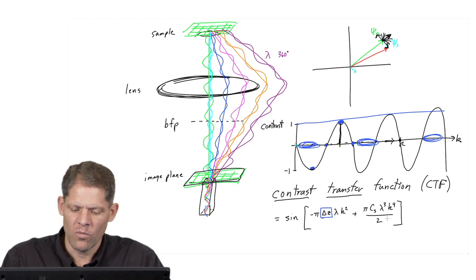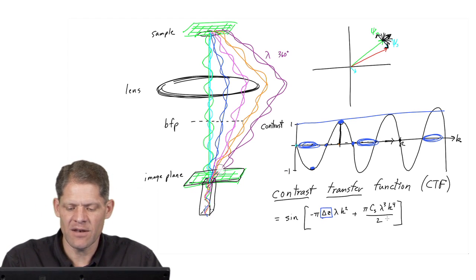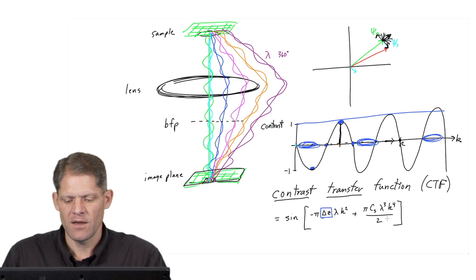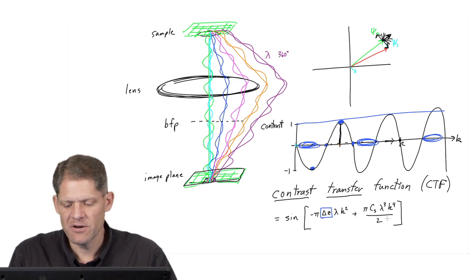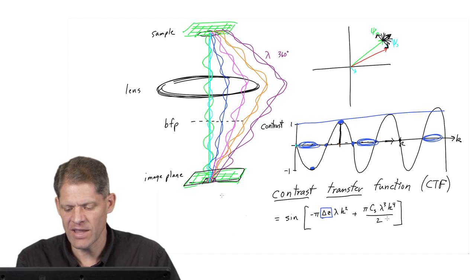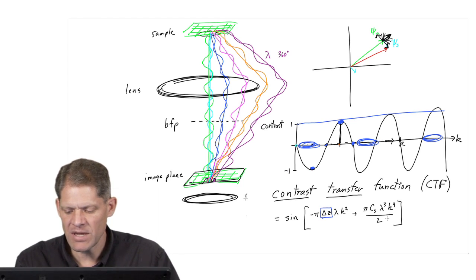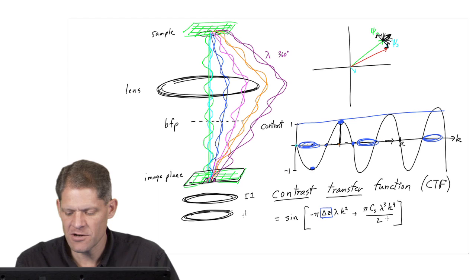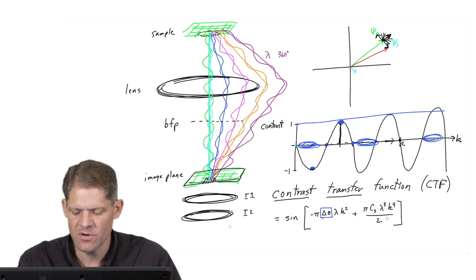Now, one of the things about this drawing that isn't really right is that the image detector isn't at the image plane behind the objective lens. In a real electron microscope, following the image plane of the objective lens, there are additional lenses. This might be a first intermediate lens, I'll call it I1. Then there might be a second intermediate lens, let's call that I2.